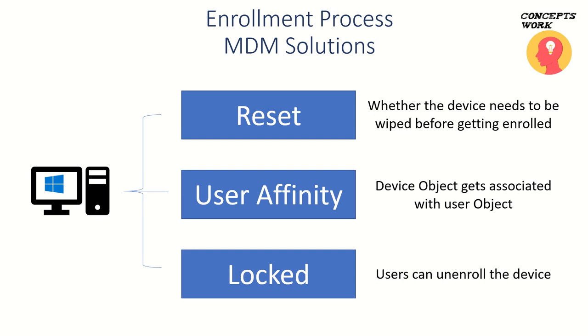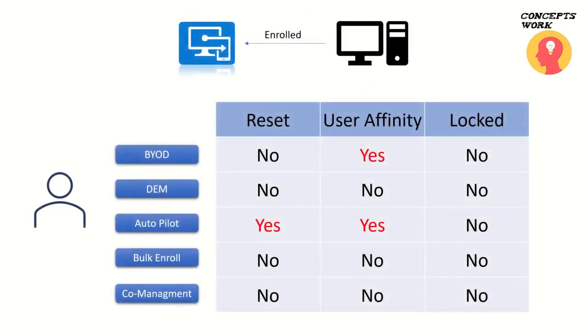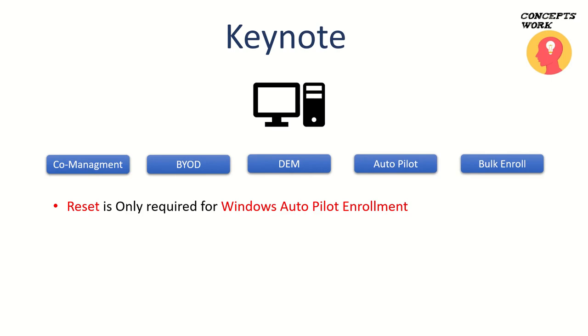All these three components have their own purpose depending upon the method that you choose to get your device enrolled. This is a table which has the references for which method offers what feature. The key takeaway from this table is that a reset is only done if you are using Windows Autopilot enrollment.